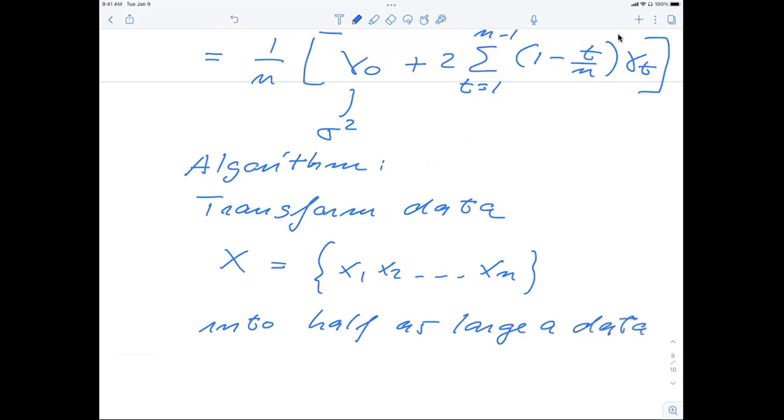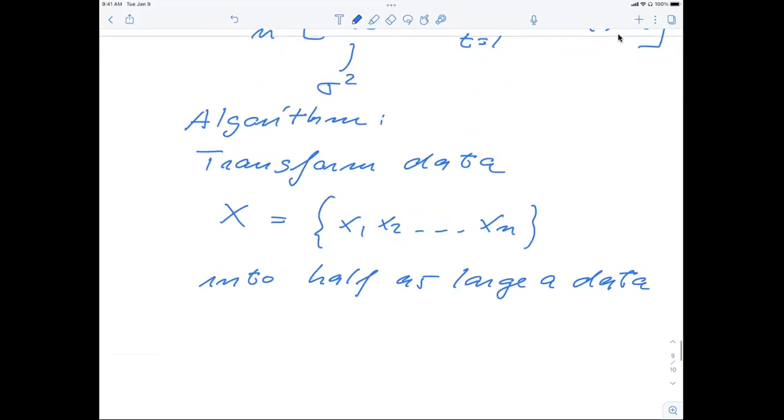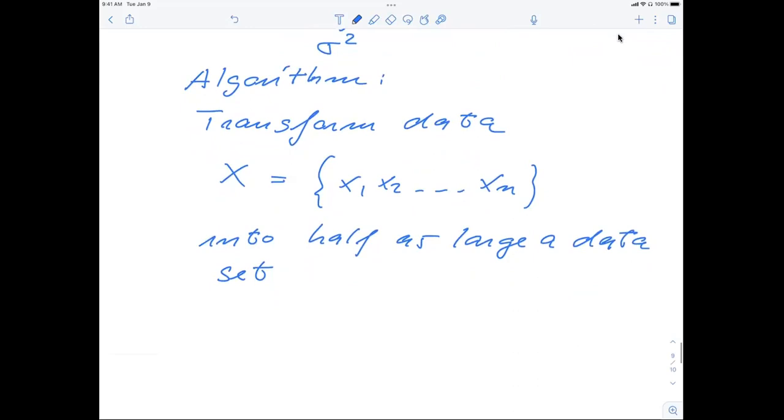So we're making blocks, which obviously has only half the data, but it contains information about all the data which we had. And what we are doing now is to rewrite this in terms of a new data set, which contains an x1 prime, an x2 prime, and this goes up to an x of n prime, where this n prime now is simply half of the data set which we had.